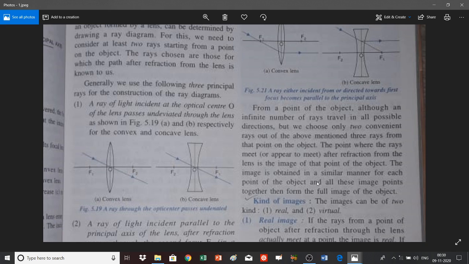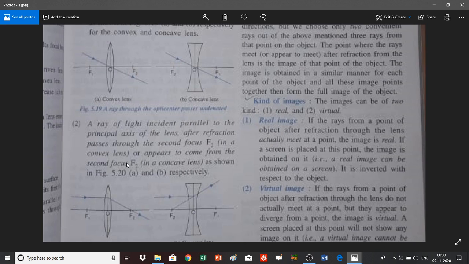So to form an image by a convex lens or a concave lens, you have to consider these two cases. One ray is passing through the optical center, and another ray is coming towards the lens parallel to the principal axis. If you consider only these two rays, then you can understand the nature of the image.